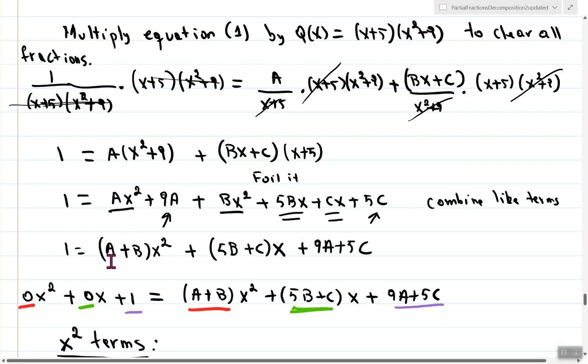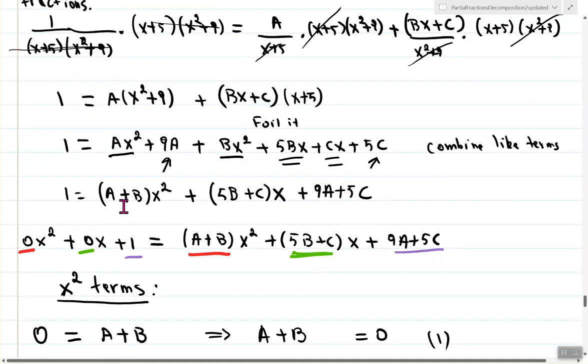You have the quantity a plus b times x squared. Then we go to x. We have 2 terms of x, so we factor out x. We end up with the quantity 5b plus c times x. The constant terms are the terms that do not have x. We have 9a and 5c, so we get 9a plus 5c.